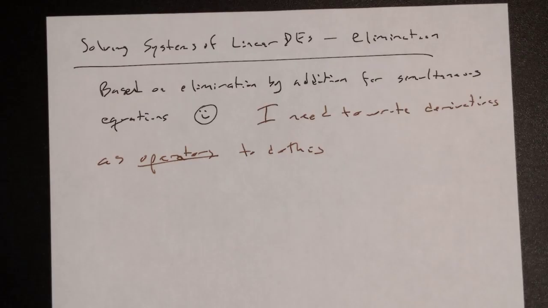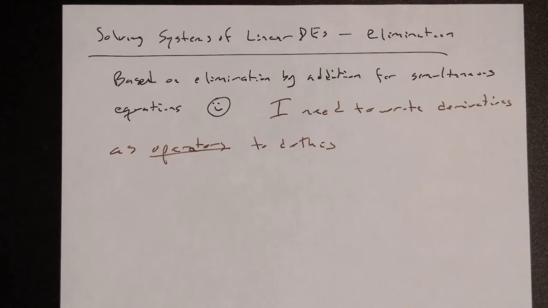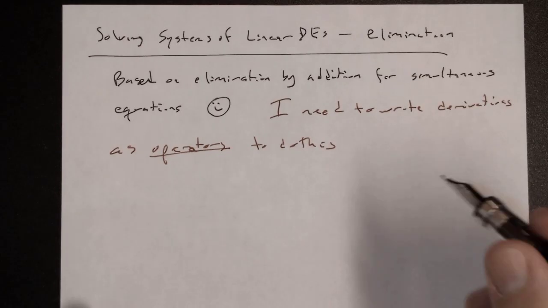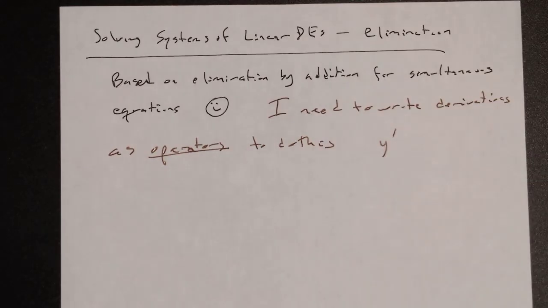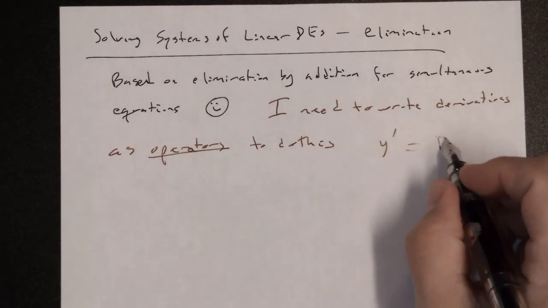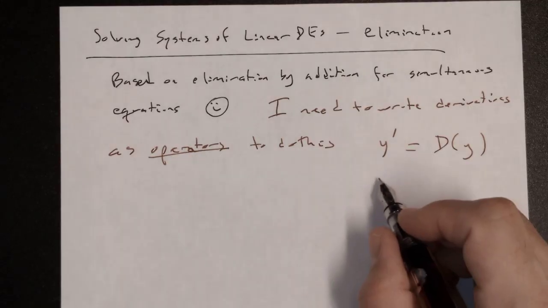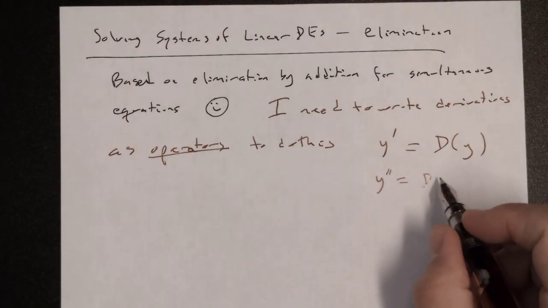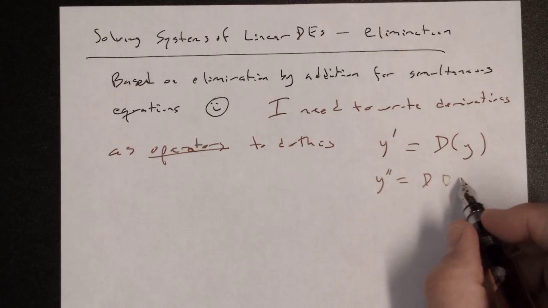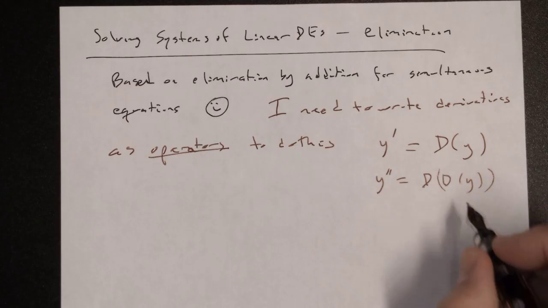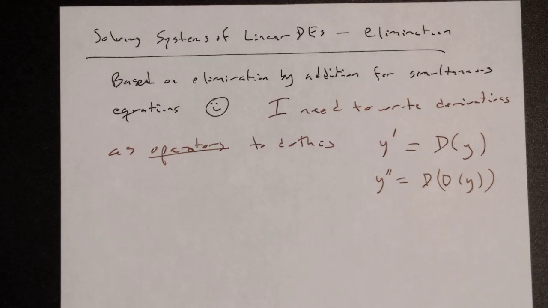Operator versions of derivatives means we write a derivative like we're doing something to a function. So instead of writing y prime, I write d of y. Instead of writing y double prime, I think of the derivative of the derivative, right?